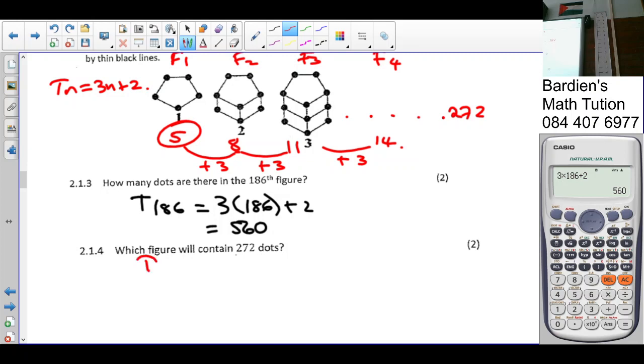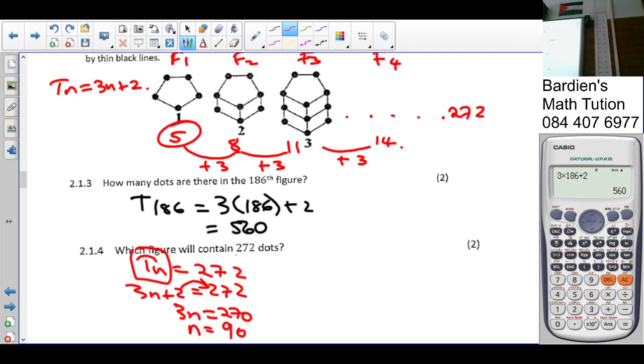So we say that Tn is equal to 272. But what is Tn? 3n plus 2 is equal to 272. Now what? The 2 goes over, so 3n equals 270. So n is equal to 90.